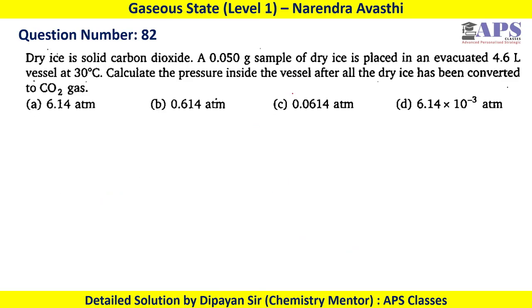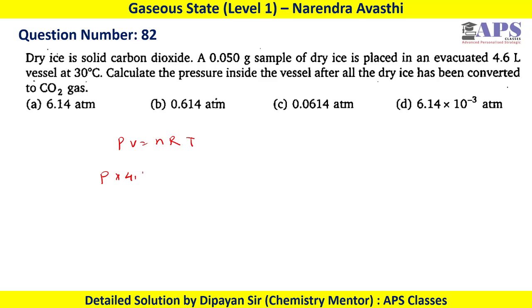In question number 82, dry ice is solid carbon dioxide. A 0.05 gram sample of dry ice is placed in an evacuated 4.6 liter vessel at 30 degrees centigrade. Calculate the pressure inside the vessel after all dry ice has been converted to CO2 gas. Okay, so we can apply PV equal to nRT in this case. So we have to calculate the final pressure.